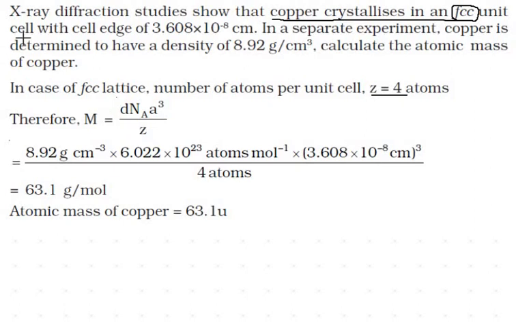Later it says the FCC unit cell with the cell edge length 3.608 into 10 to the power minus 8 centimeter, and that becomes a. And in a separate experiment, copper is determined to have the density of 8.92 gram per centimeter cube.